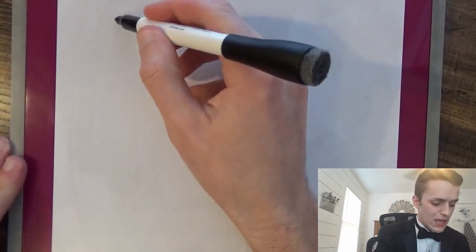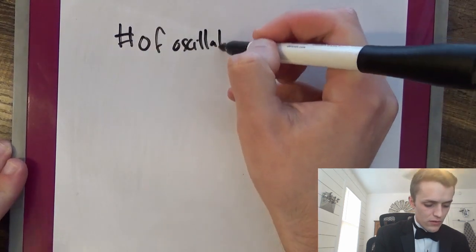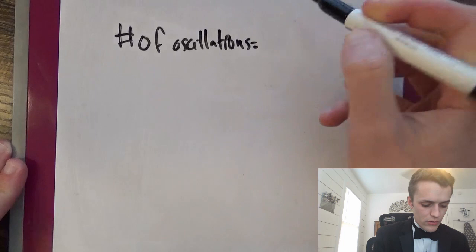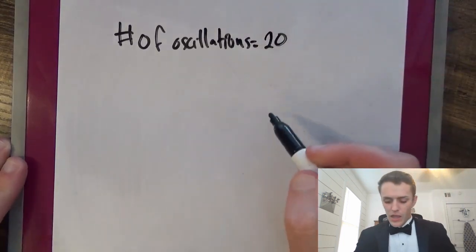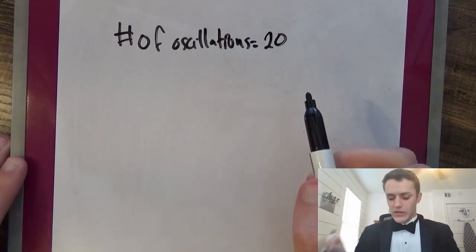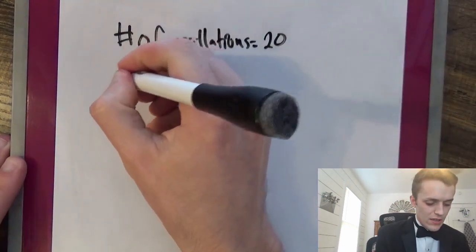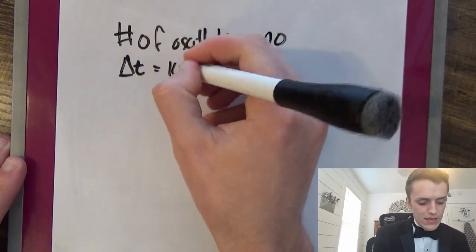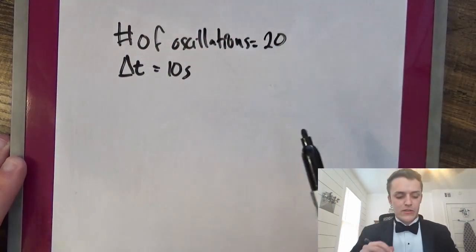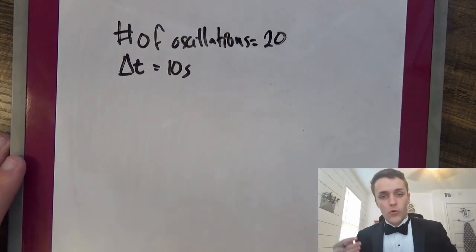We have a number of oscillations that's equal to 20. It goes over the course of 10 seconds. So 10 is our delta t, or our time. So we've got number of oscillations, we've got time. It asks us for frequency, and it asks us for period.